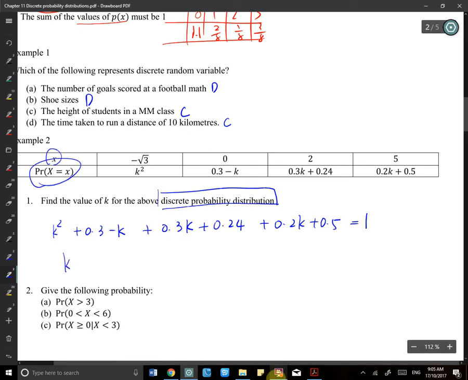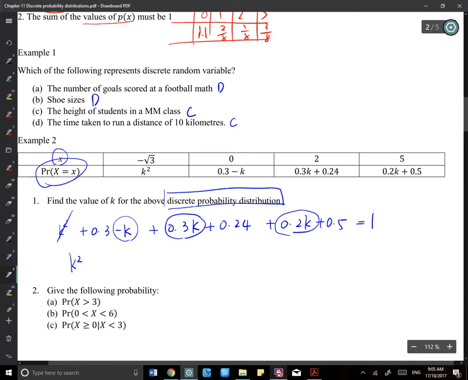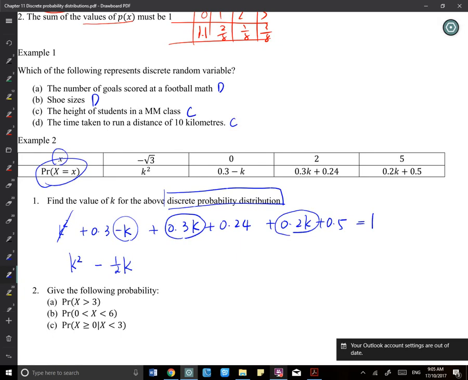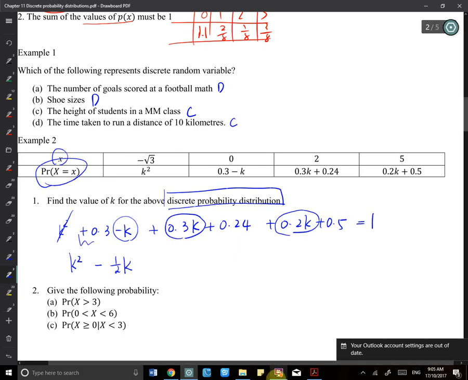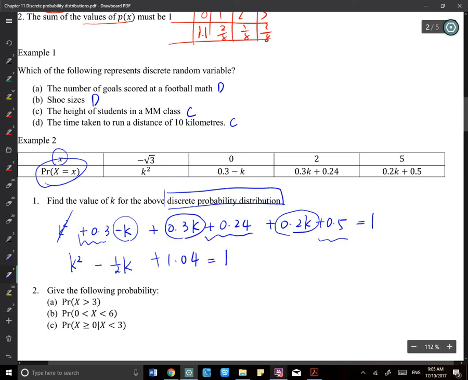We have k squared, minus k, 0.3k, 0.2k, that add together will give you minus 0.5k. Then 0.3 plus 0.24 plus 0.5 is 1.04, equals to 1.